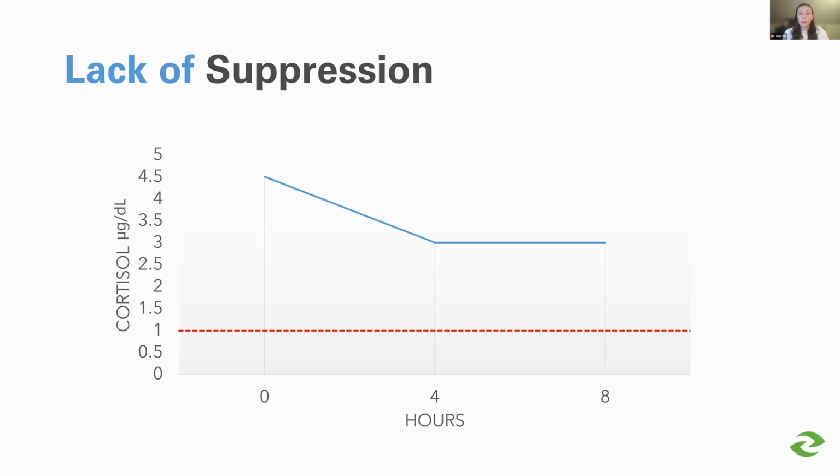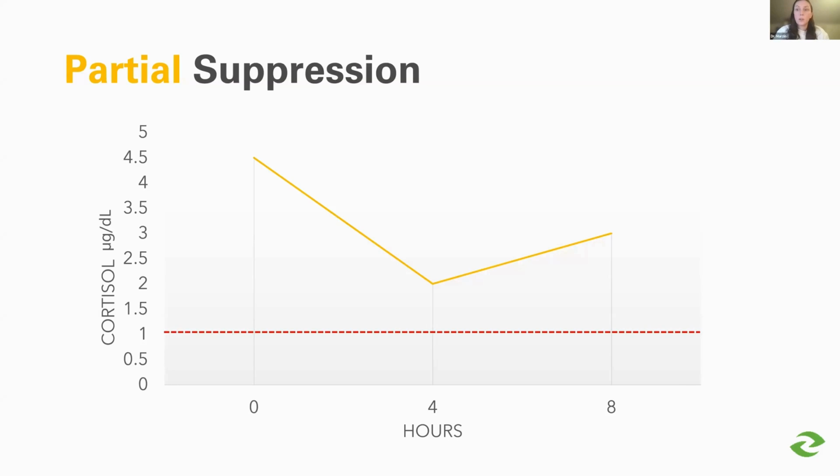Then we drop back and look at our 4-hour test and evaluate whether we can confirm this is ACTH-dependent pituitary Cushing's, or whether we do not know. In this case, there's a total lack of suppression across the timeline, both the 8 hours and the 4 hours. That's very consistent with Cushing's, but you can see this in both pituitary Cushing's and adrenal tumor, so we can't determine from this graph which one it is.